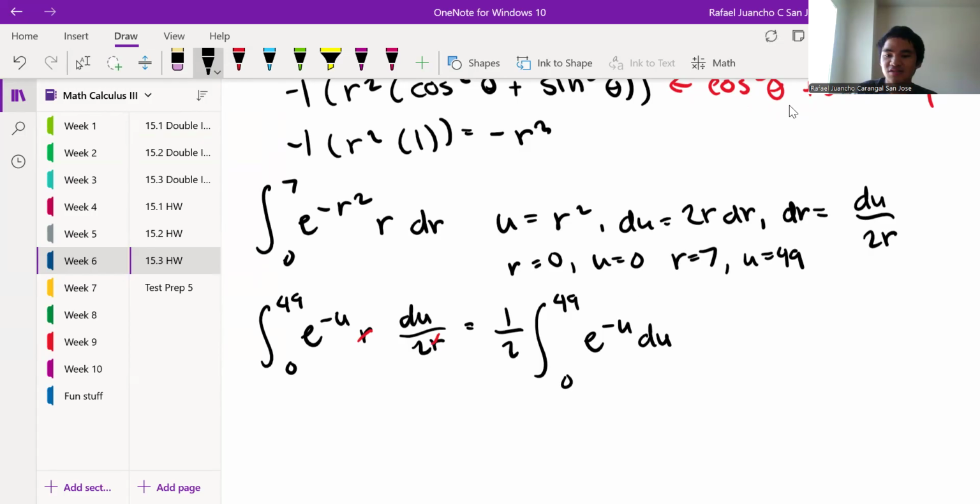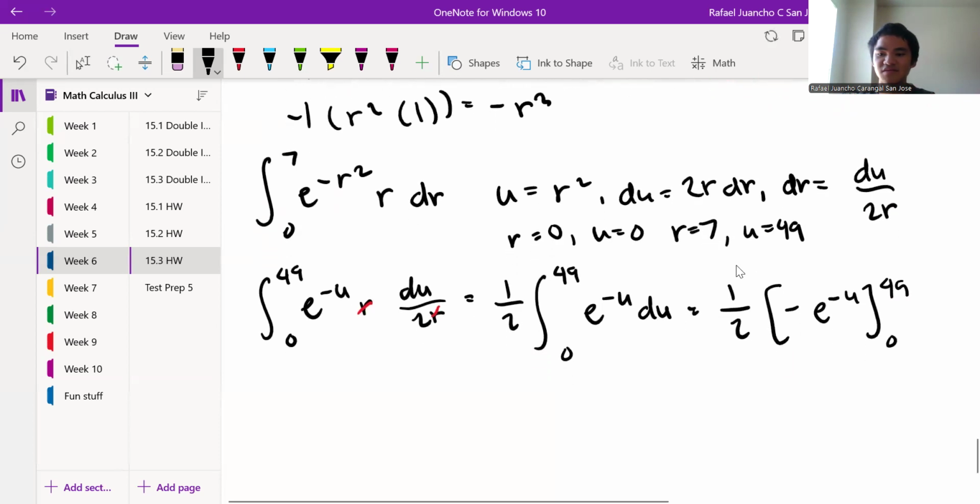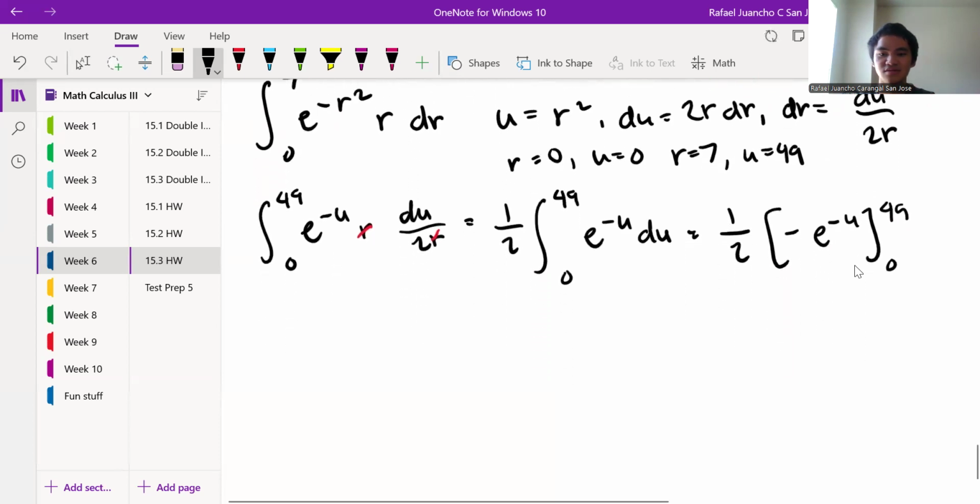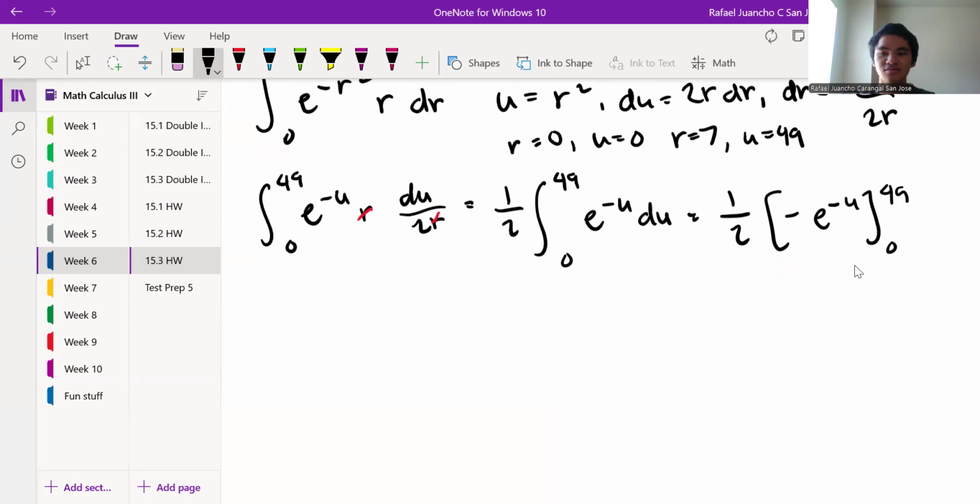And then if I integrate this thing, I'm going to get 1/2 negative e to the negative u. How do I know? If I take the derivative of this thing, it's going to cancel out the negative signs. So this is good. And then from there, I just plug in the values I need.